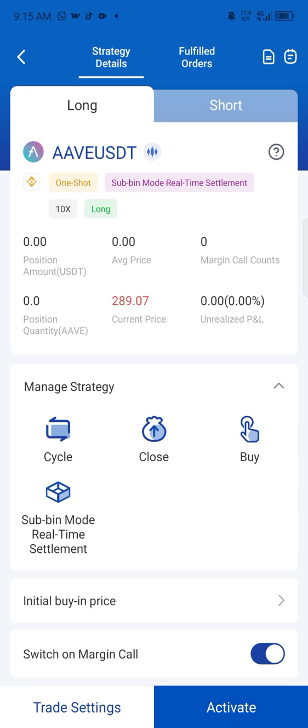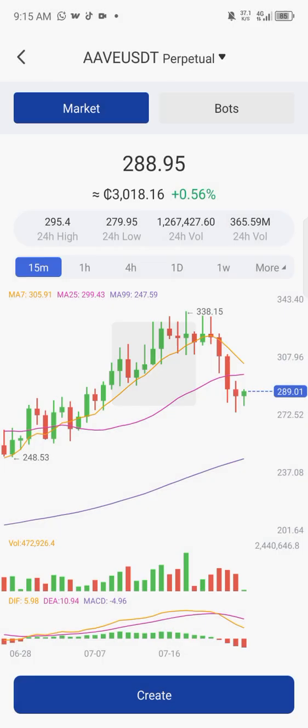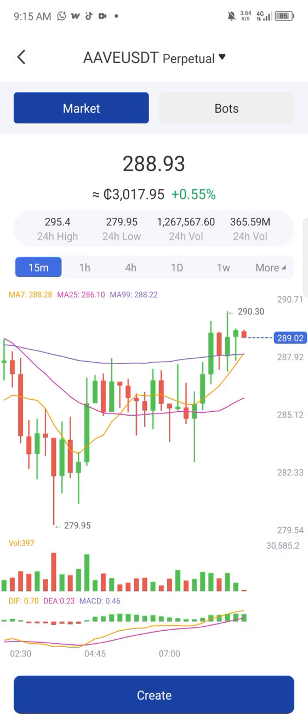Now I want to use the last coin for analysis, and then I'll be good to go. So we have AAVE as a coin. Let's look at AAVE also and see what is happening there. So AAVE on the 15 minutes time frame, we can see that we have a kind of uptrend moving up.